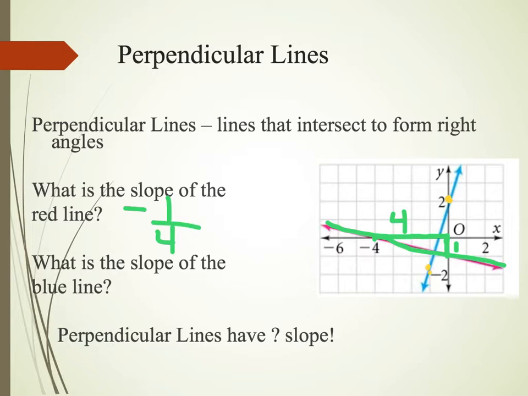And uh-oh, not there, here. So I have to go up 1, 2, 3, 4, and to the right 1. So my slope for that is 4 over 1, or just 4.